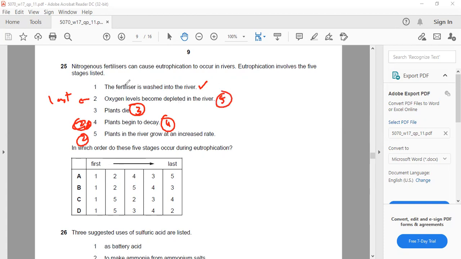So first is okay, second is number 5, so A and B are wrong. Third is plants die. Okay, so D is the answer.